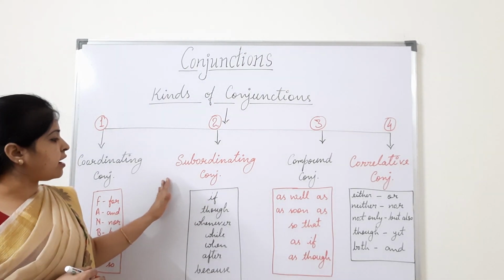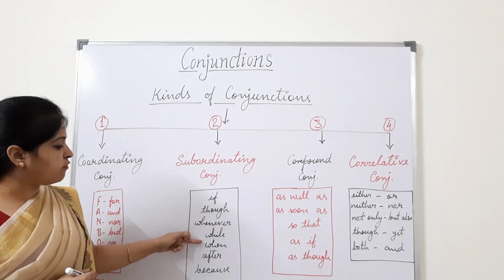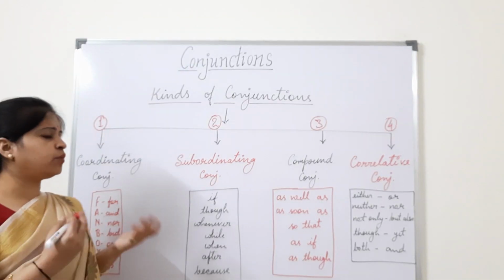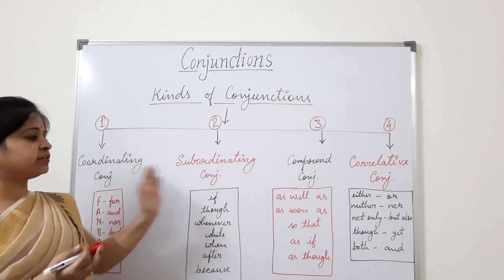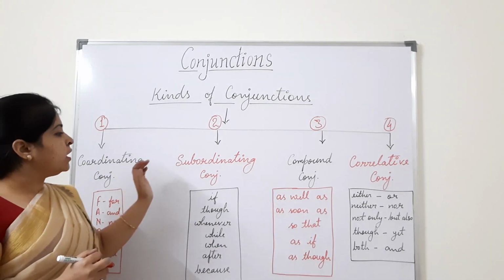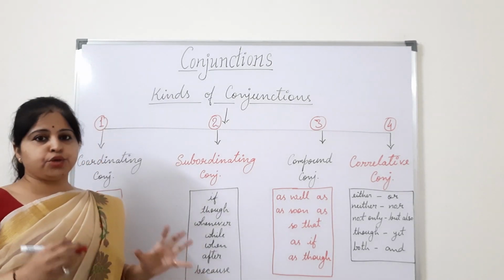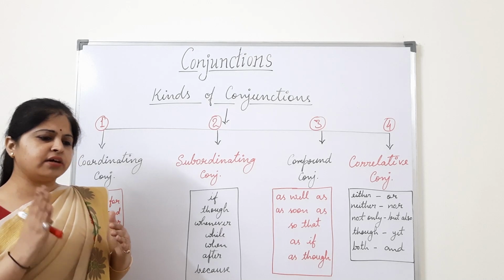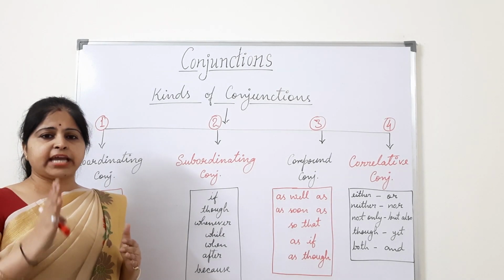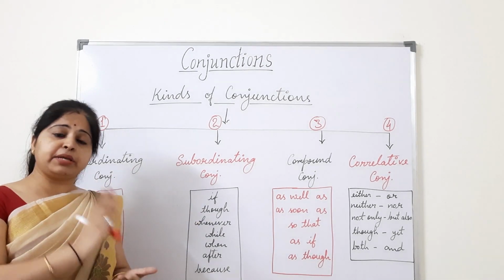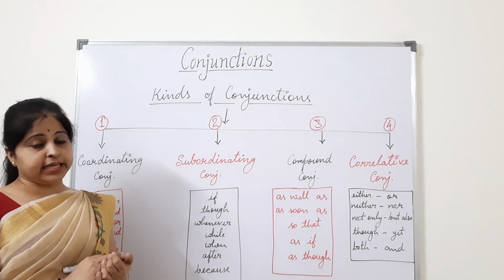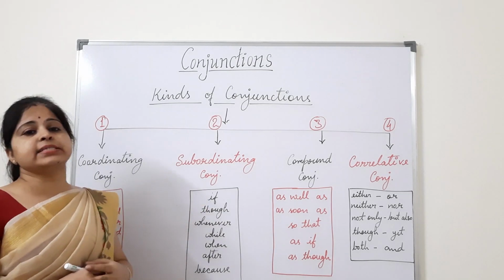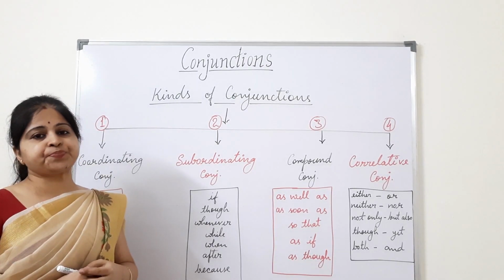Subordinating conjunctions are if, though, whenever, while, when, after, because. Now, how are you going to differentiate them from others? Very easy. You read the sentence and try to find out this thing. If the conjunction can be placed at the very beginning of the sentence also, then it is sure that this conjunction is a subordinating conjunction.